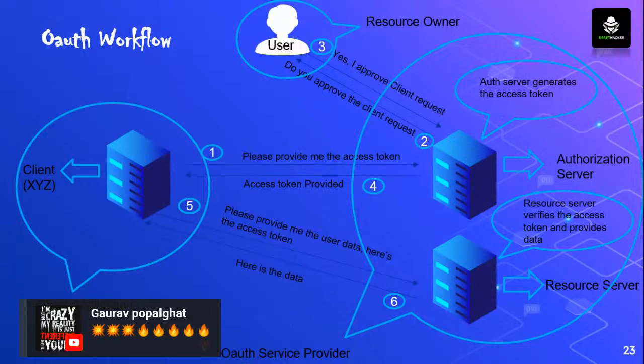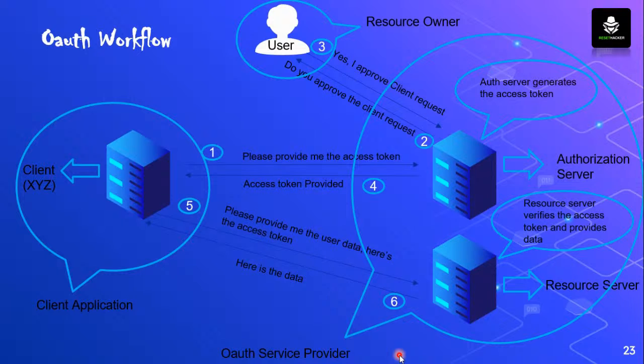The OAuth service provider is like Facebook or Google, which will be storing the user's data through their applications. When we sign up with Google or Facebook, they already have our data, like username and our public information. So this client application can request this OAuth service provider to get the desired user's data.